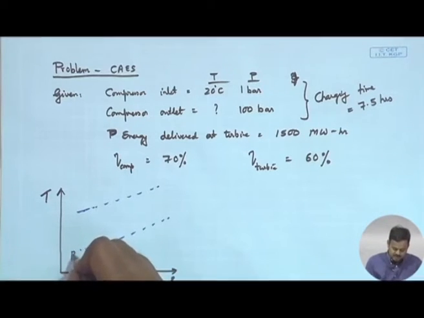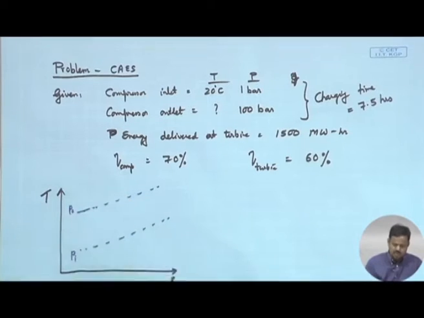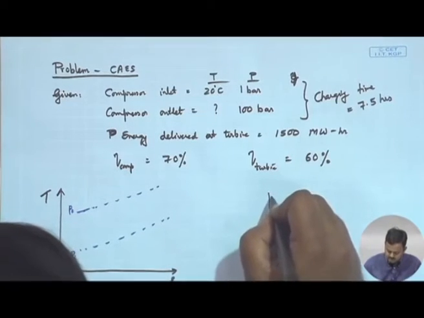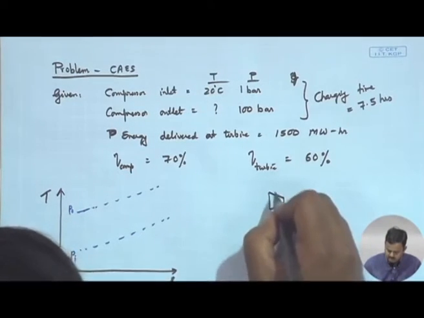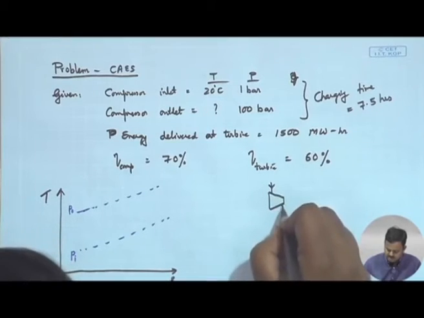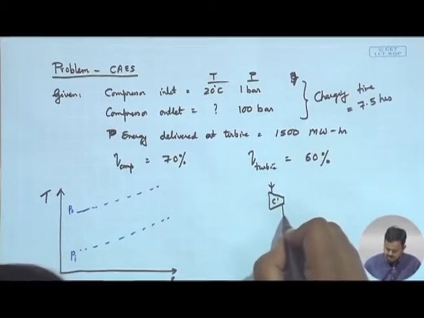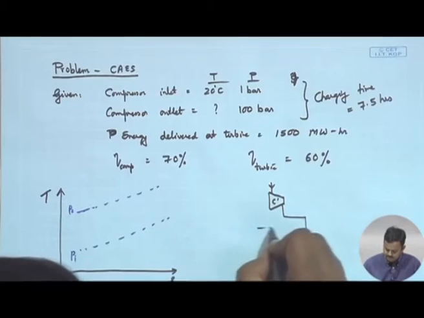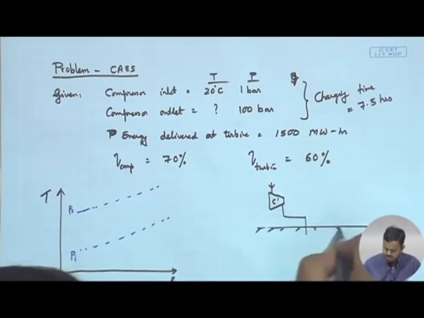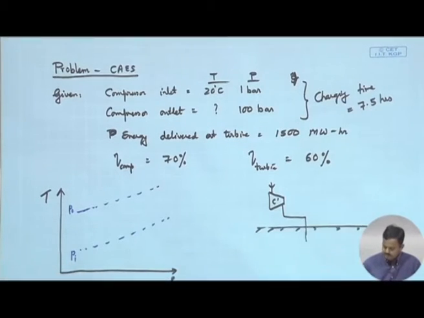Again, recall, if I simply draw a compressed air energy storage: this is my compressor, this is my ground level, and this is my storage reservoir.